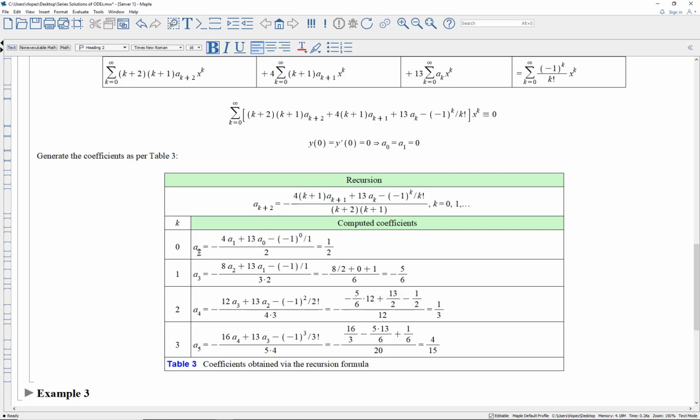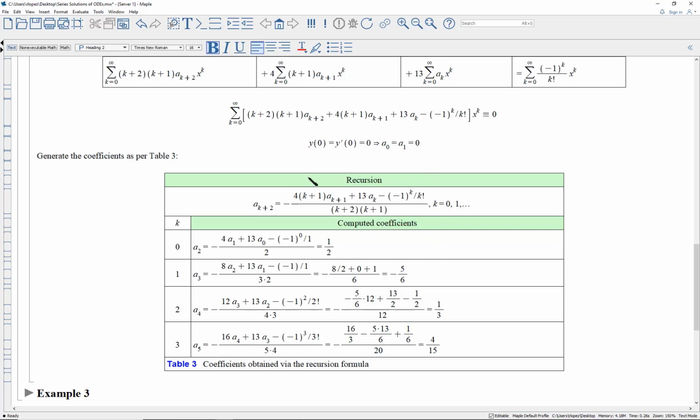Now that we know a2, a3 can be computed, minus 5/6, etc. Notice that these numbers are going to be the same as the numbers that we got in the previous example when we used the differential equation directly to get the coefficients.